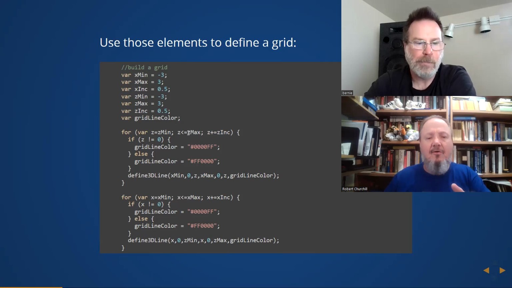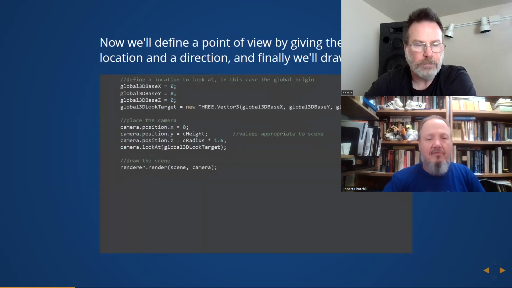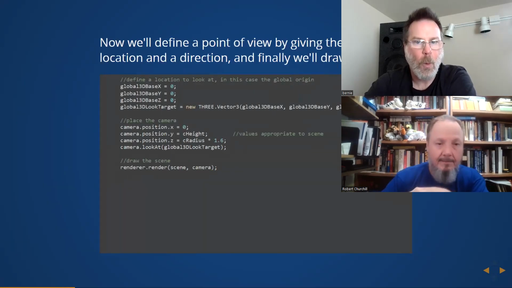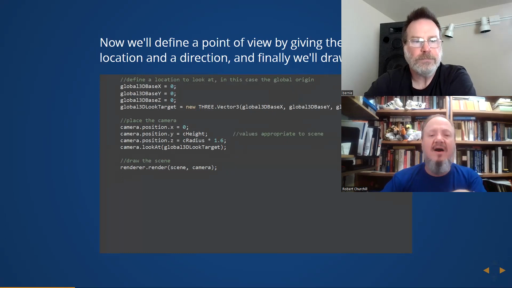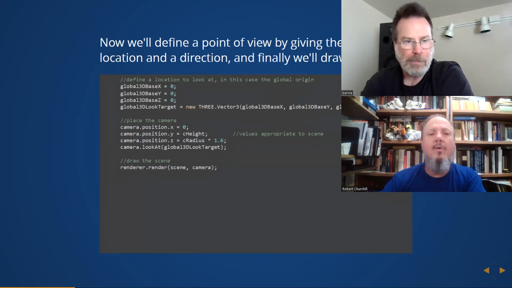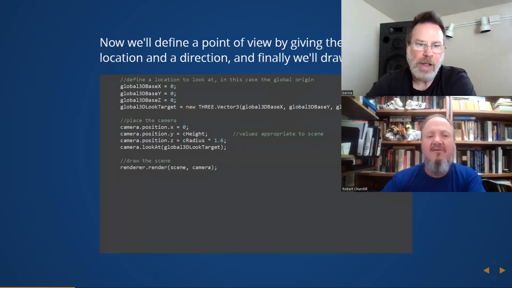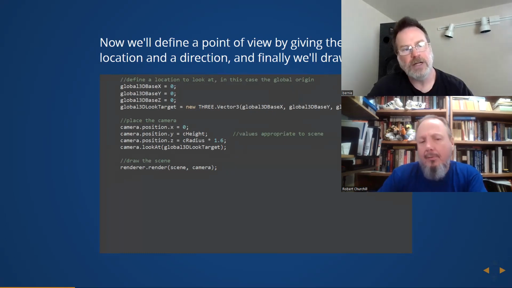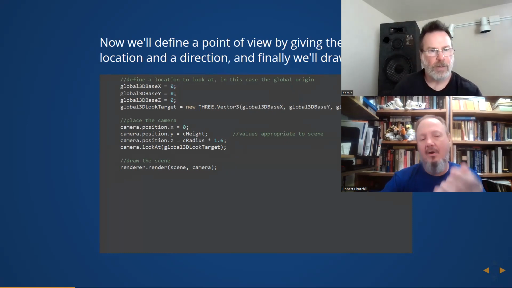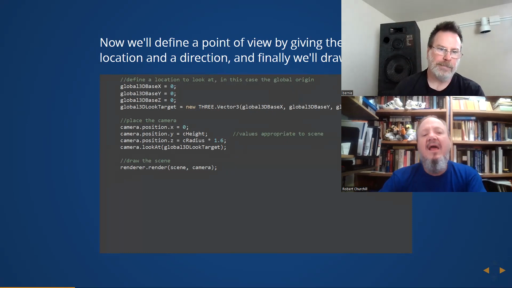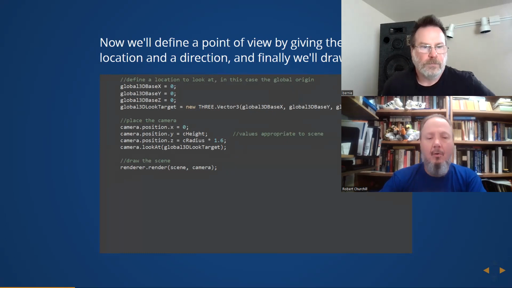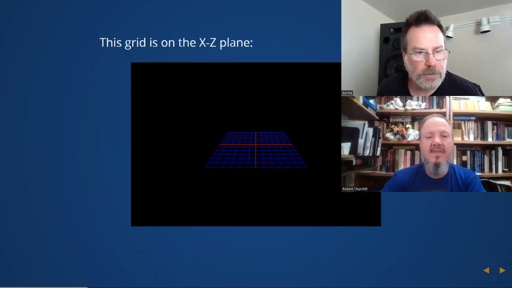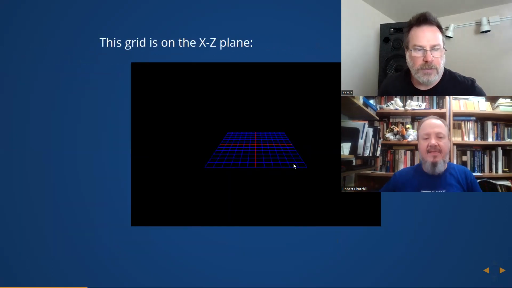We do that for X and Z. And the way this looks, so we define a direction or a point to look at, which is the origin of the picture. We'll place the camera somewhere out of the scene, and then we'll render the whole thing. And it looks like that.